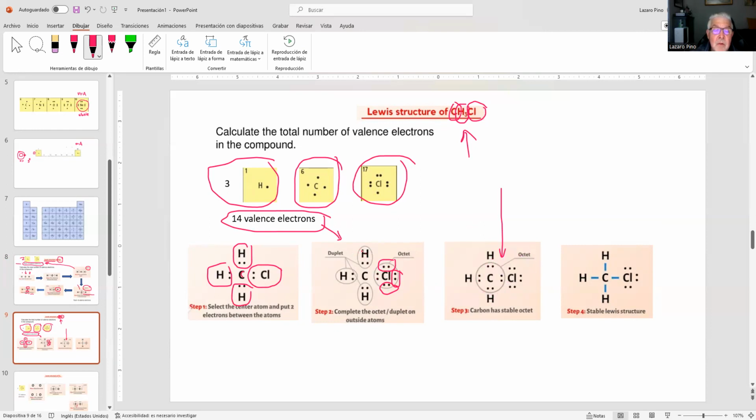Hydrogen has the duplet rule. And chlorine also has the octet. So every atom is satisfied, and we can represent the stable Lewis structure as this one.